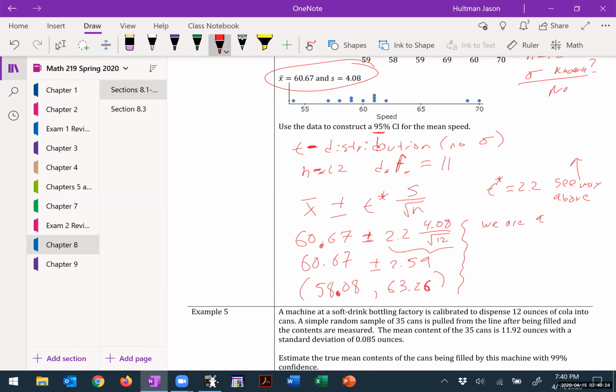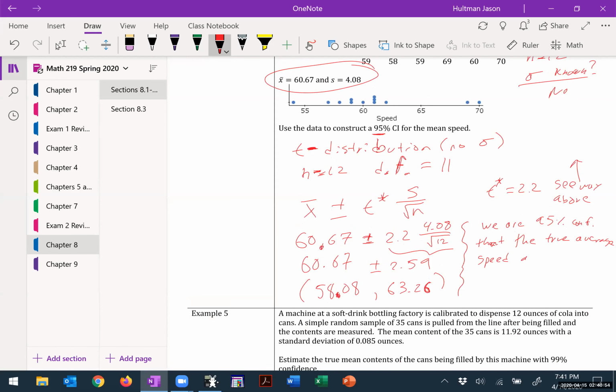We are 95% confident that the true mean, or the true average, speed at 3:30 p.m. is between 58 and 63 miles per hour.